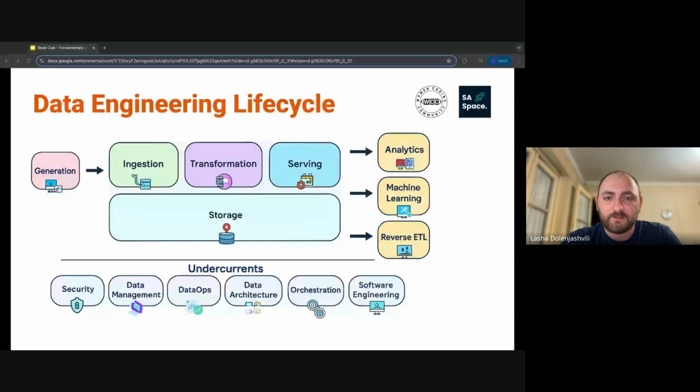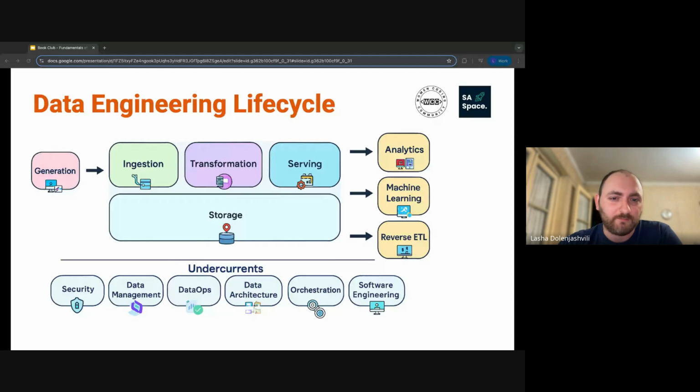In ETL, you first transform the data and then load it into your warehouse, so the transformation step happens during the ingestion step. And then you have ELT, where you first load the raw data into your warehouse and then apply transformations. In terms of serving, as I mentioned, it can also be in different parts of this lifecycle.